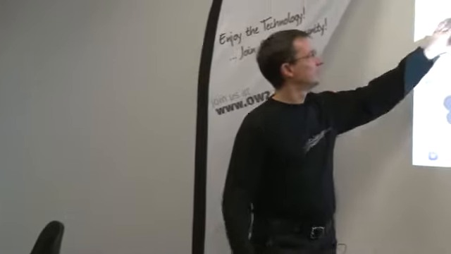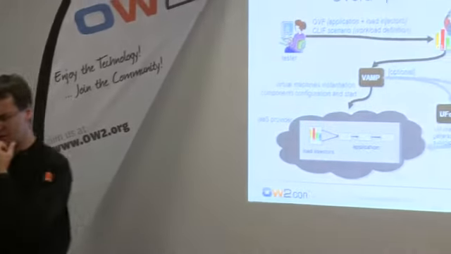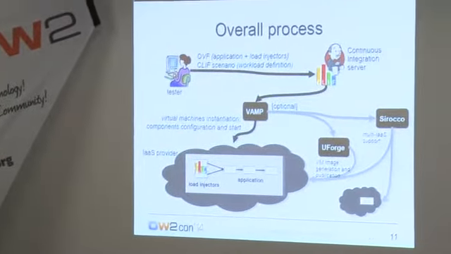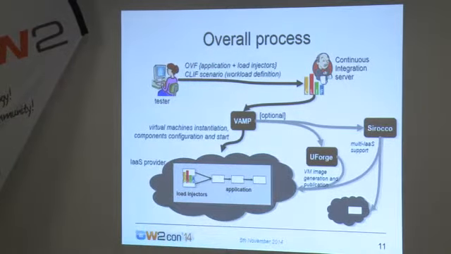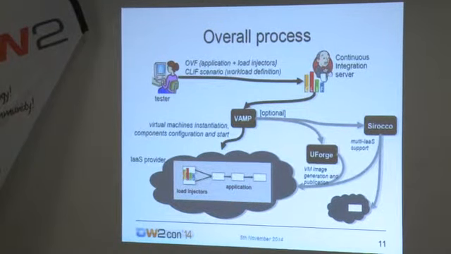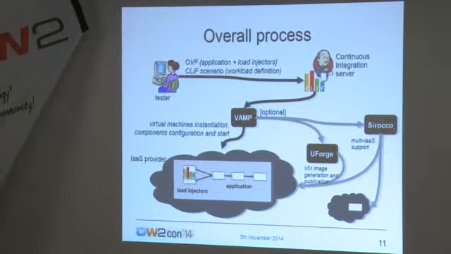So let's summarize the overall process. You have the tester here. He or she defines the CLIF scenario, of course, as usual, and also the OVF description of the application and load injectors.